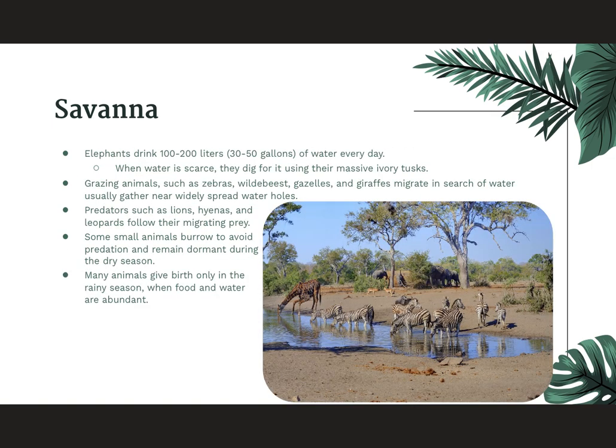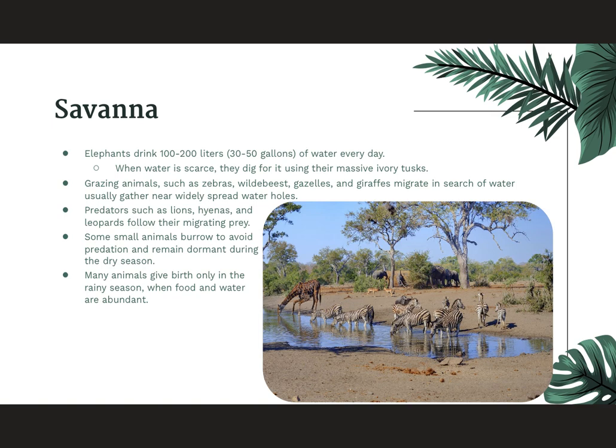All right, some facts regarding the wildlife of the savanna. So elephants can drink 100 to 200 liters of water a day. That's about 30 to 50 gallons. When water is scarce, they have to dig for it, and they use their trunks and tusks to help them dig for water when necessary.